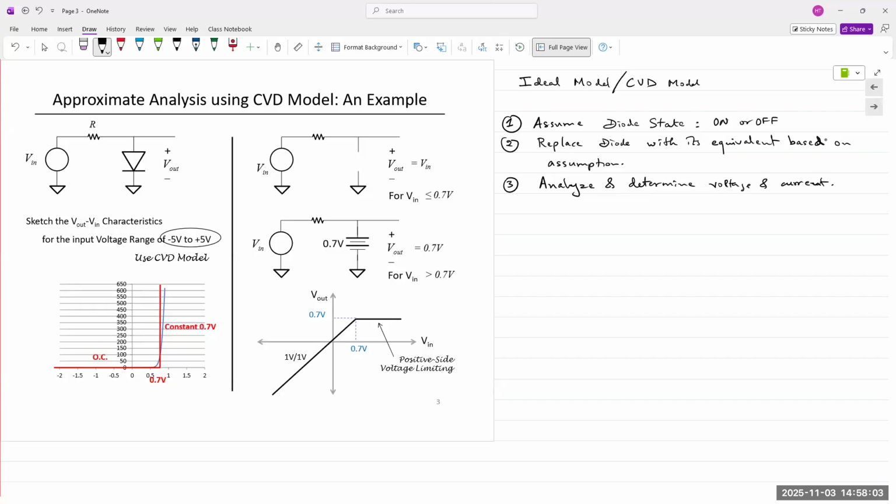Then you go back to the top, you change your assumption, and you reanalyze. You perform your calculations again, and then check or verify your results against your assumption.